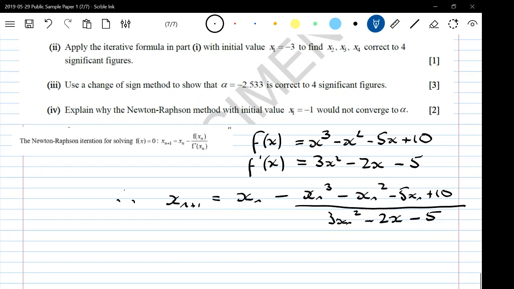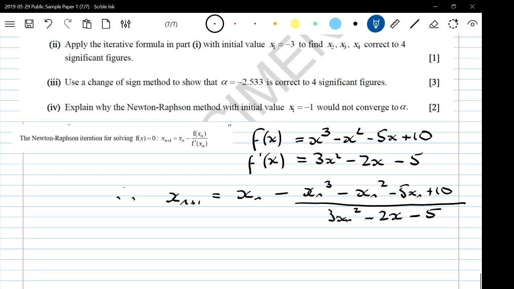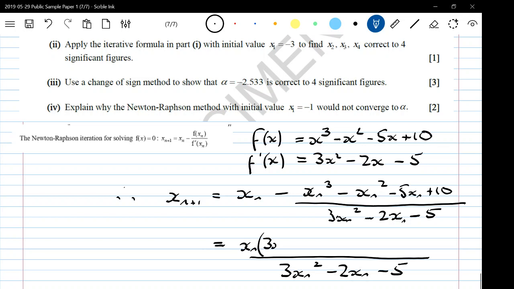And we're going to have to try and simplify this to get it all over one term. So if we put it over a common denominator, that should be an xn there, of 3xn squared minus 2xn minus 5. That would give us xn times 3xn squared minus 2xn minus 5, take away, I should have put a bracket around that as well, shouldn't I?